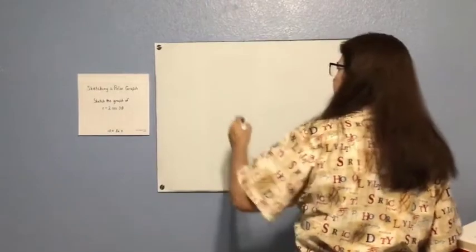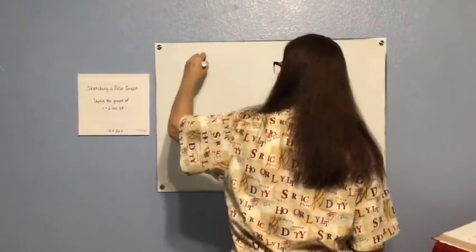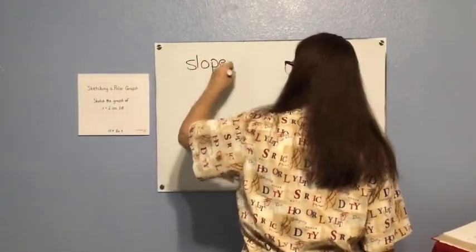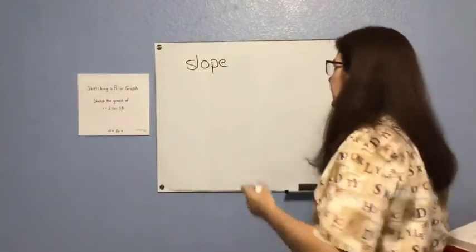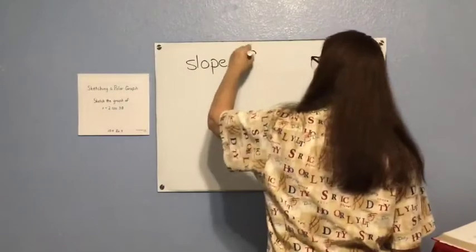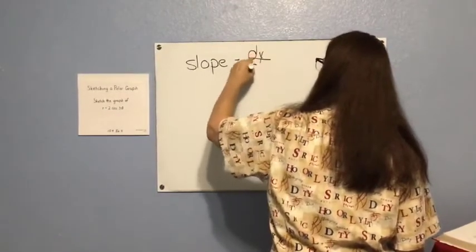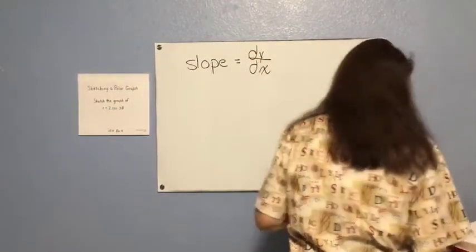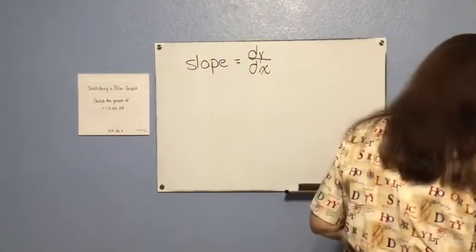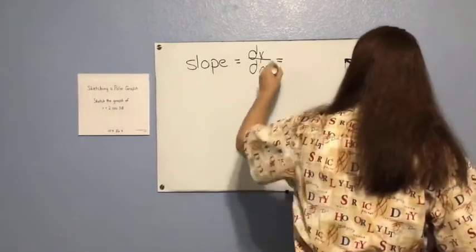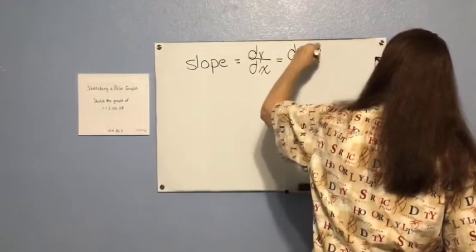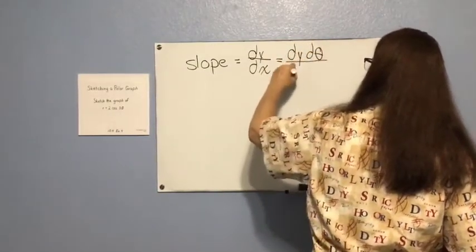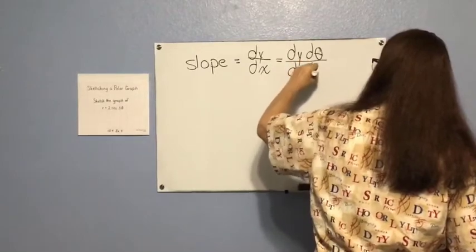Okay, in our next example, we're going to be looking at slope. And we know from our basic calculus that slope is dy/dx. And so to write this in polar form, we can write dy/d theta over dx/d theta.